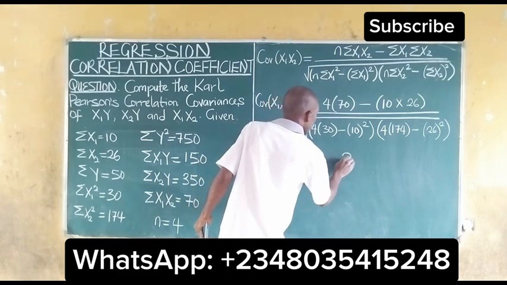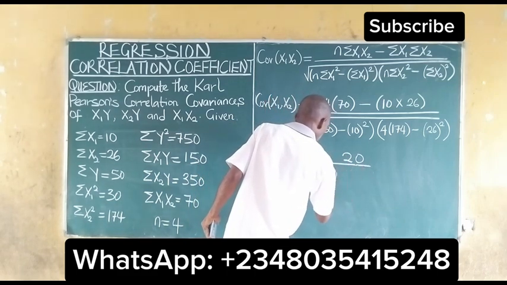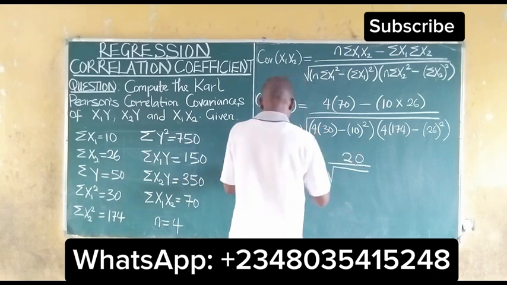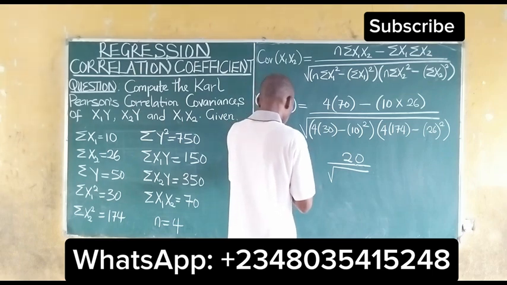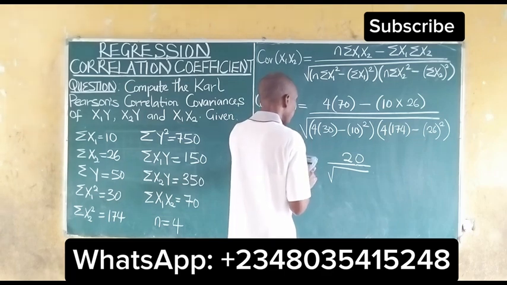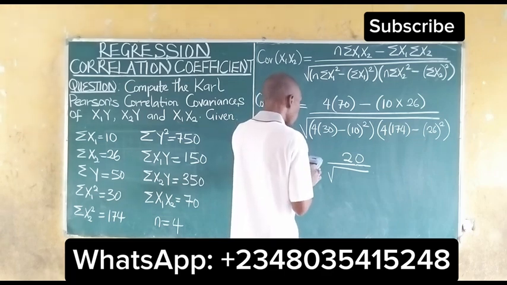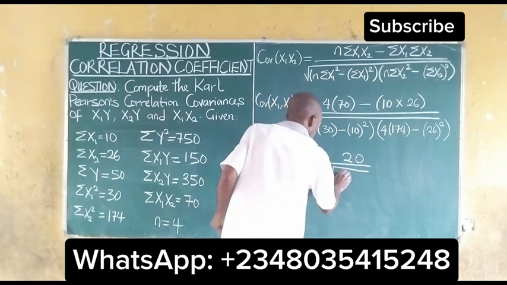This gives us 20, all over the square root of 4 into 30 minus 10 squared, into 4 into 174 minus 26 squared, which is 400.